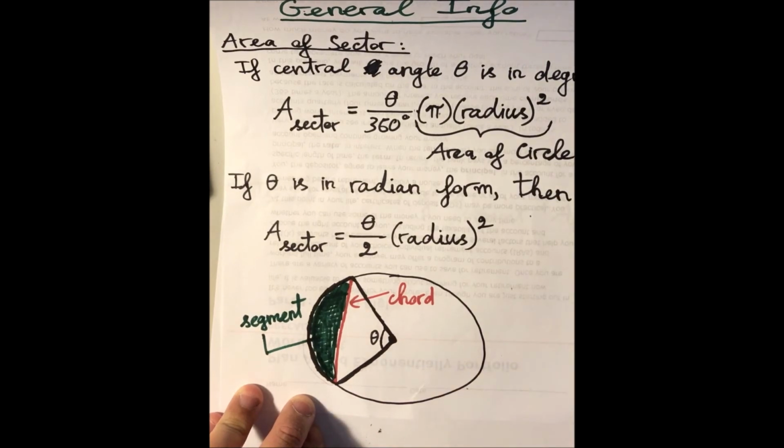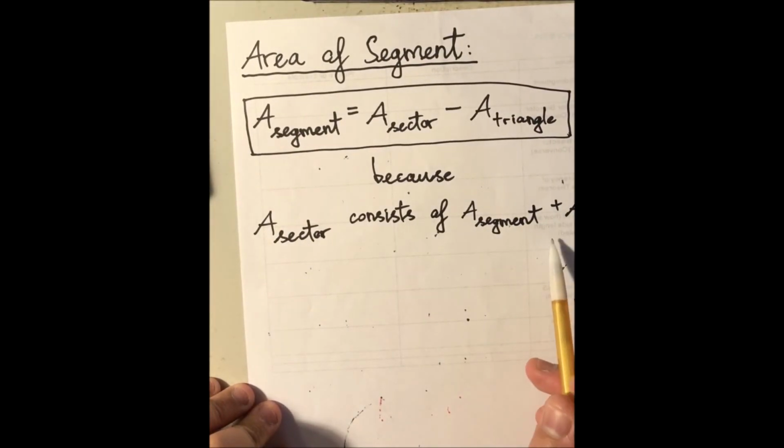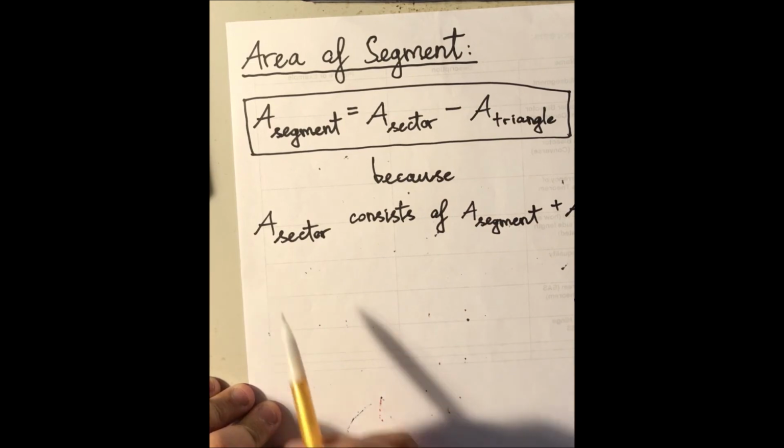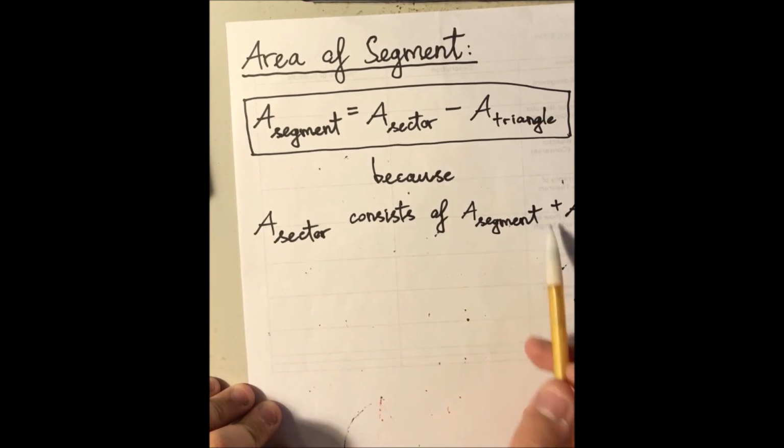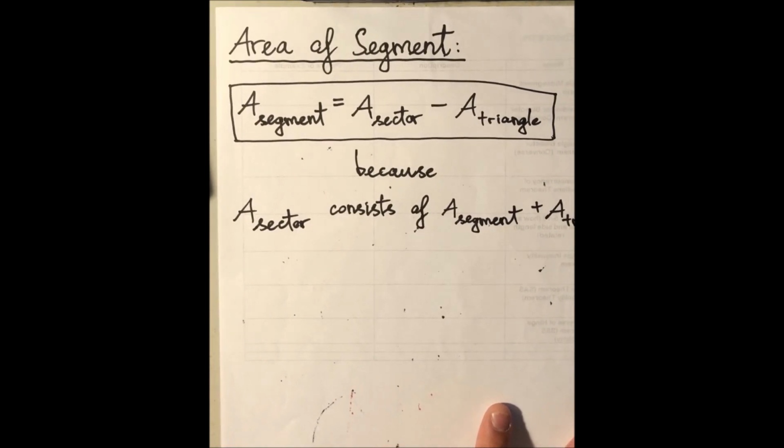So you can easily see that the area of a sector is just the segment area plus the triangle area. That's why all you have to do is subtract the area of a triangle from the area of a sector, and your leftover is the area of a segment. So that's the way you would be able to find the area of a segment in general.